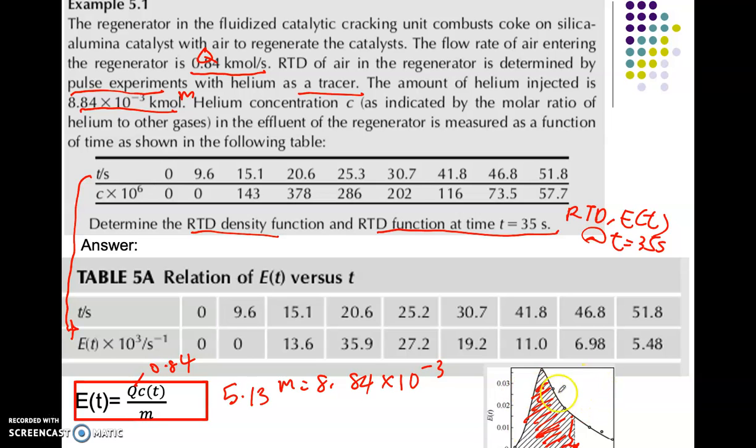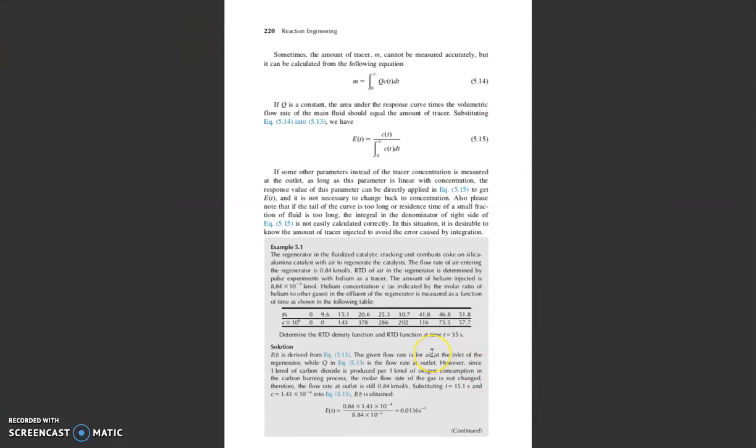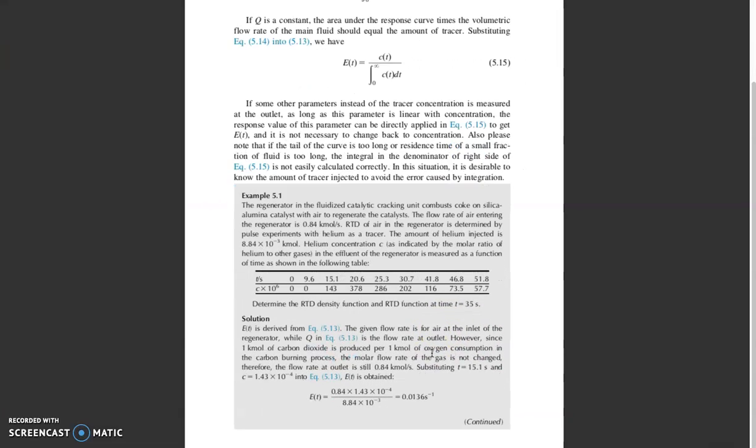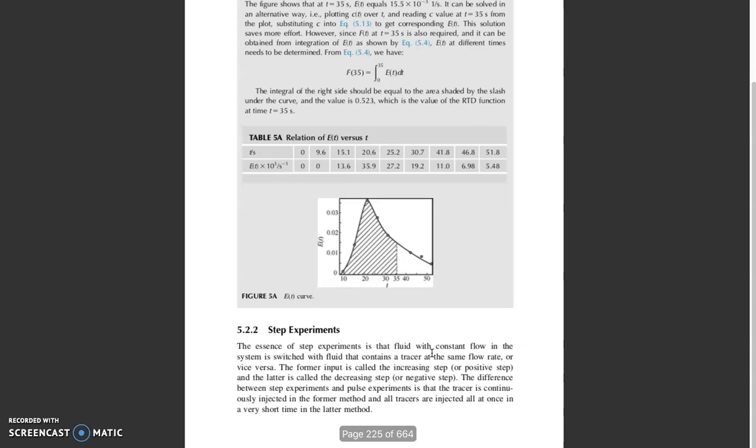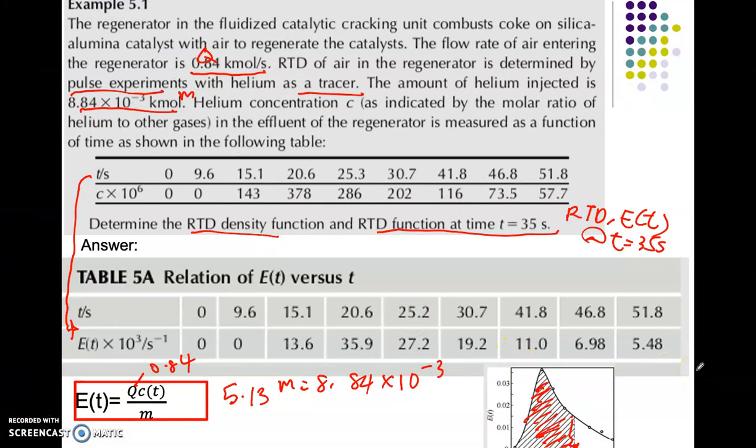That is your E(t). The final answer for your E(t) at 35 seconds, let's have a look in the book, I think it is 0.523. So that's the value of your E(t).